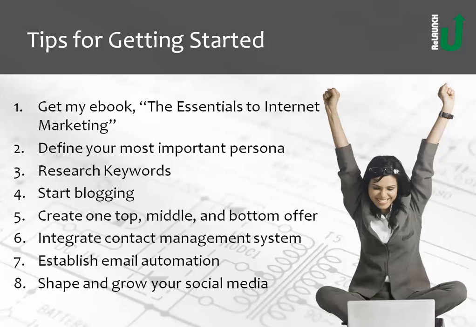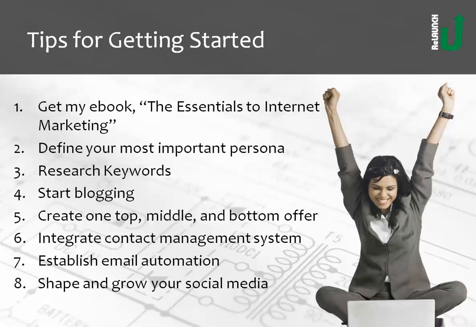You can start with also defining your most important persona, the one that you want to reach the most in terms of making that connection so you can make a sale. So it's probably going to be in a higher level of the organization. Research your keywords. Use the Google AdWords keyword tool. Start blogging, one long-tailed keyword per blog post.